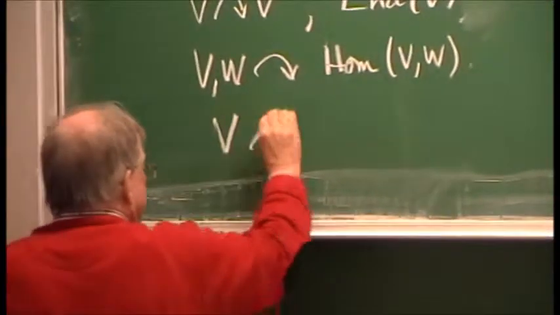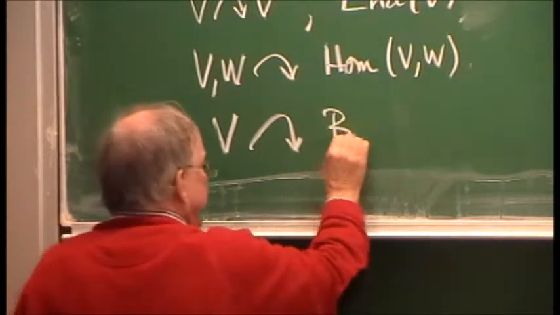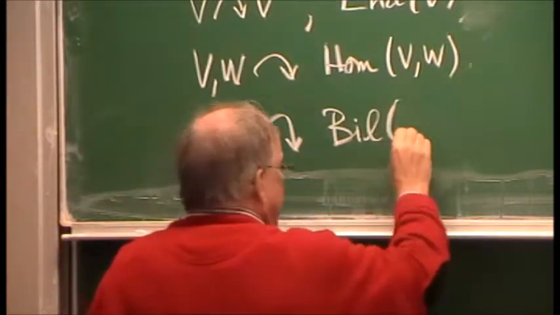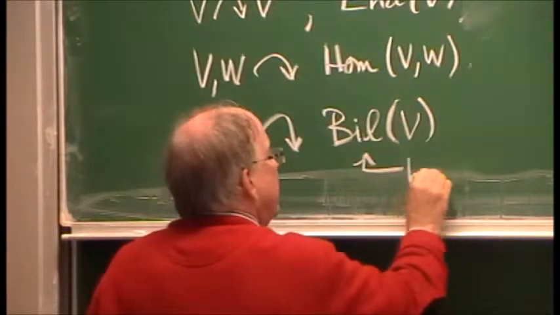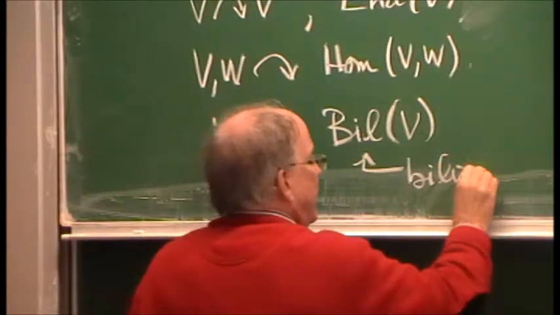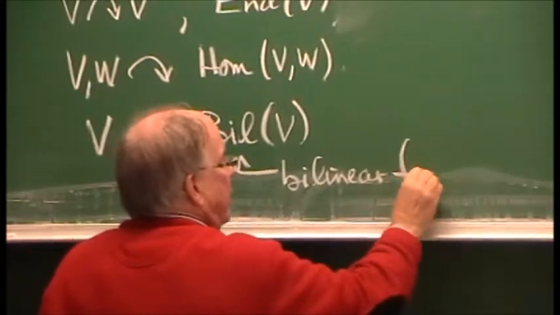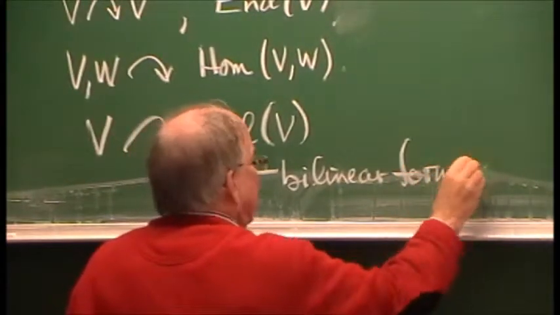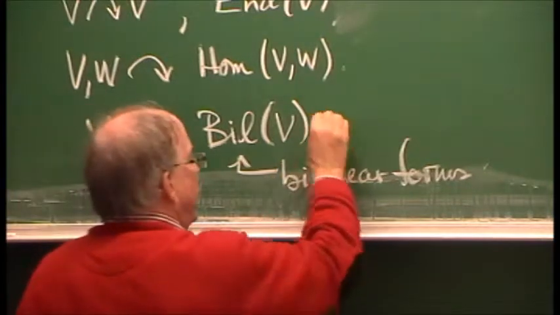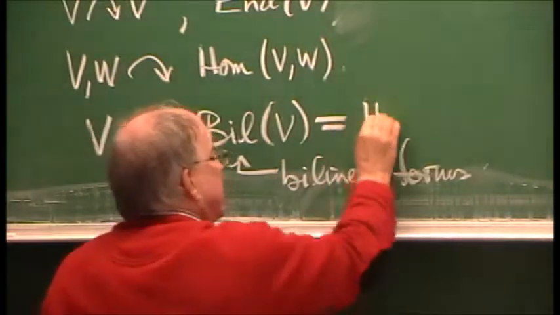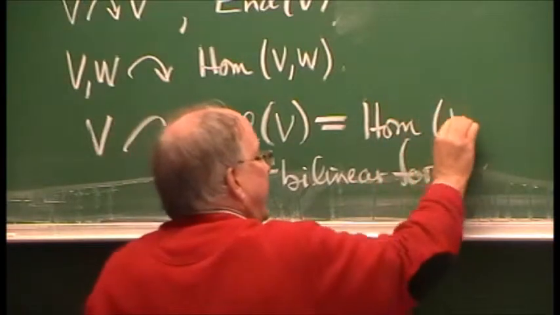Associated to one vector space, you have the bilinear forms on V. And as you know, the bilinear forms are the mappings from V to its dual.